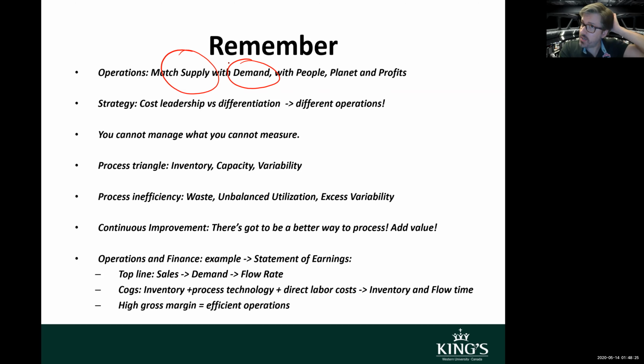And very importantly, when we match supply and demand from the perspective of the operations manager, this not only relates to profits, but also how sustainable our operations are, and whether we're taking care of people within our organization and around our community. So the three P's approach is very important from the supply side.